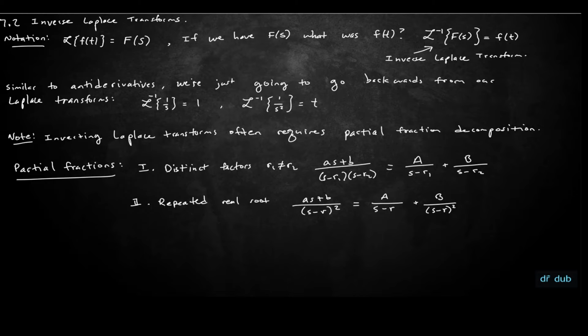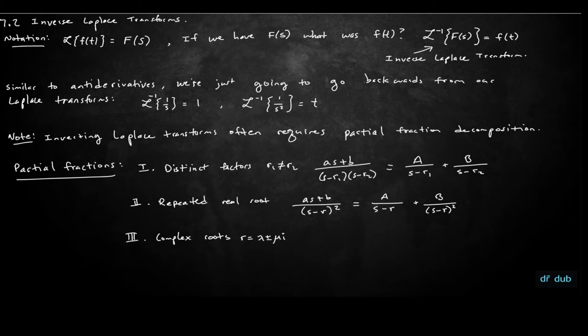And then the last one, we can have complex roots. We'll call them r equals lambda plus or minus mu i, so we have a real part lambda and a complex part mu.